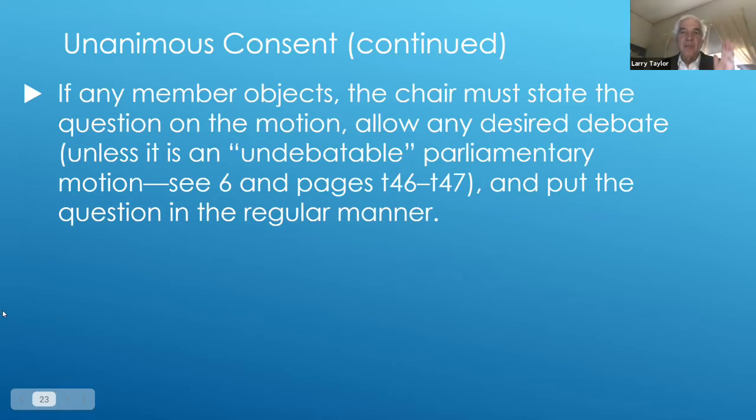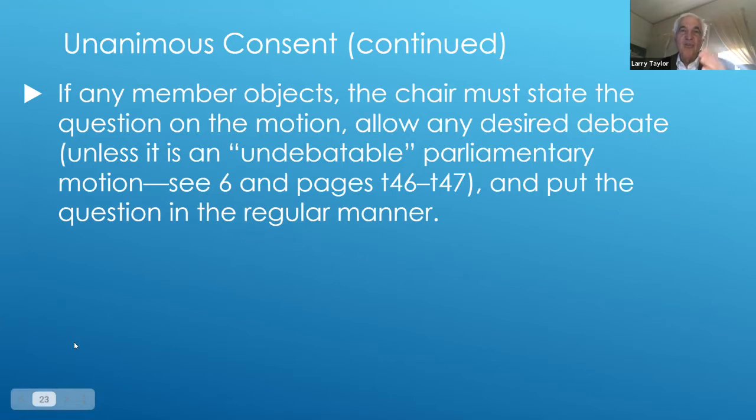There are also undebatable parliamentary motions, which sometimes is frustrating because you want to say something. The one that you most often hear is I call the question, which is the way to end debate.